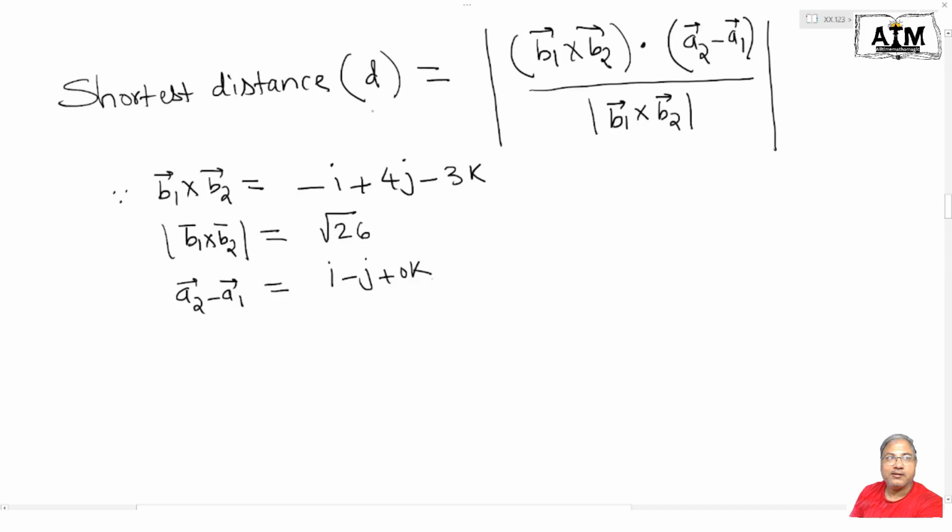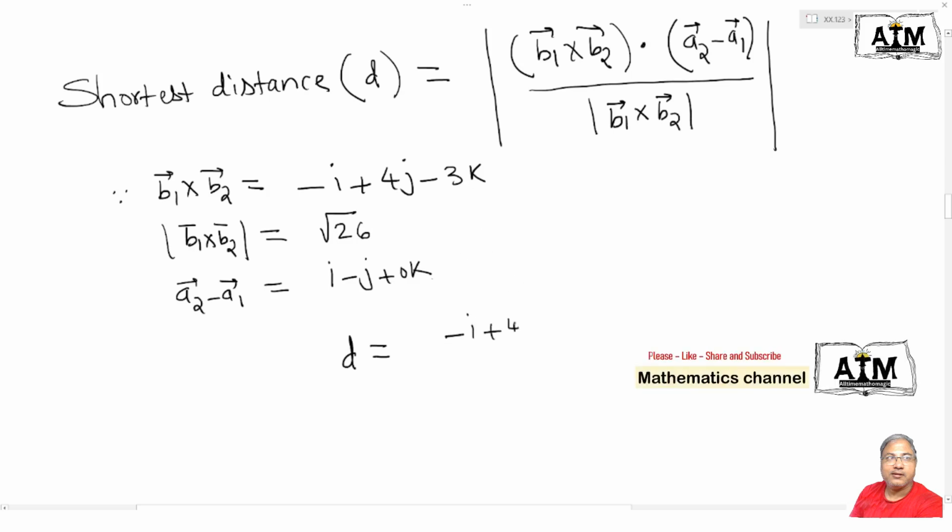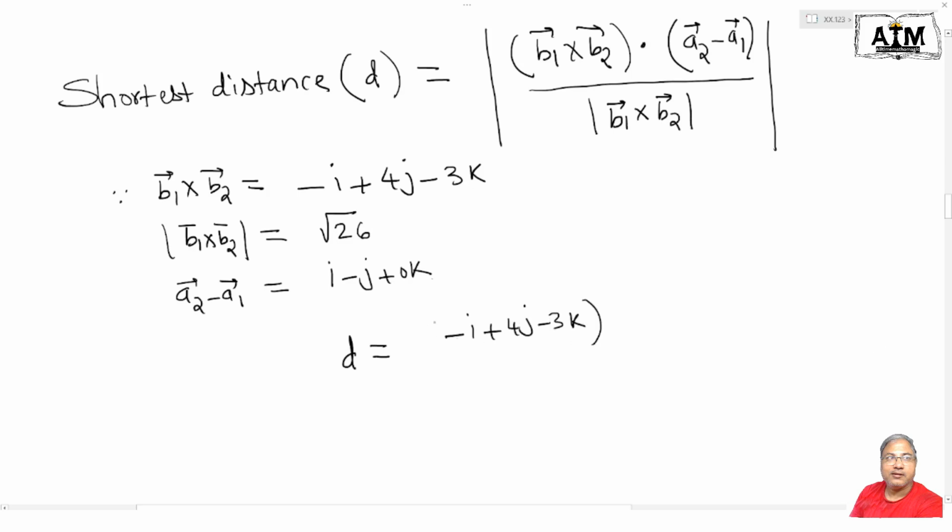Since the shortest distance between the skew lines is given by B1 cross B2 dot the difference of vector A2 minus vector A1, divided by the magnitude of vector B1 cross vector B2. Therefore, B1 cross B2 is minus i plus 4j minus 3k, dot A2 minus A1, that is i minus j plus 0k, divided by the magnitude of B1 cross B2, that is root 26.